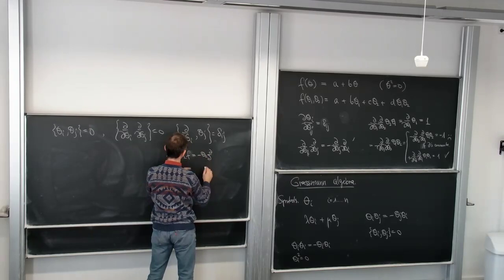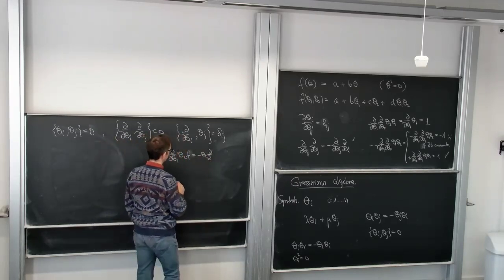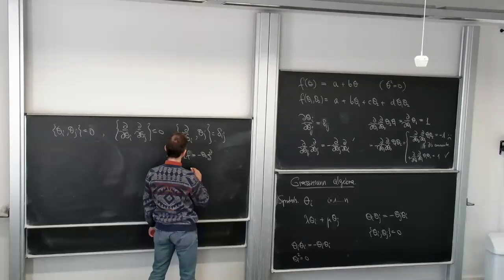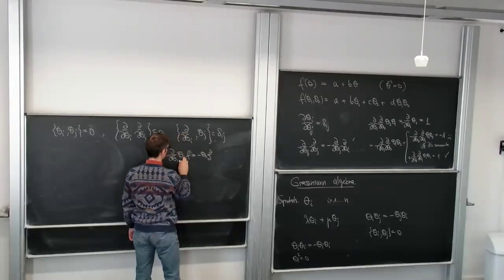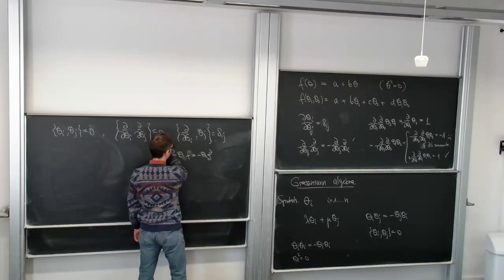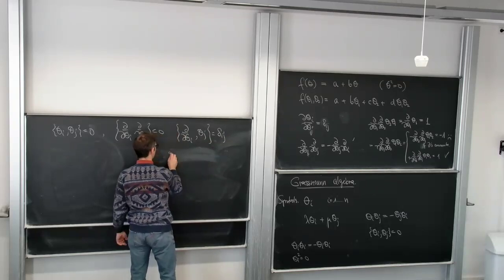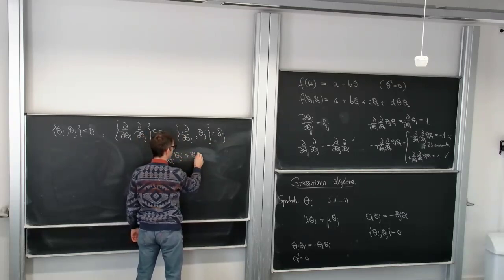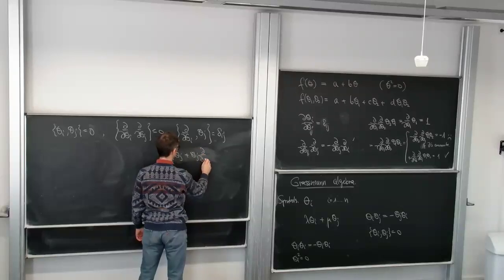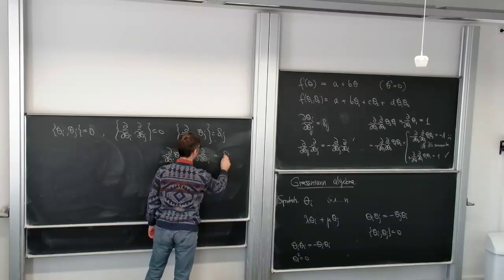I don't know if this helps. Maybe we do i and j. Let's write exactly this down. d by d theta i theta j plus theta j theta i is equal to delta ij.